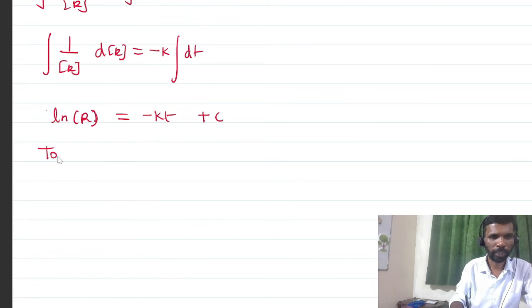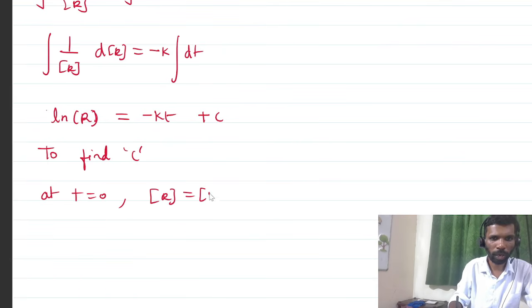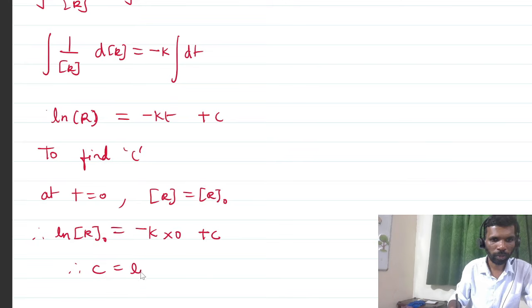So to find C, we'll consider at time t is equal to 0, R will be equal to R0. Therefore, ln of R0, substituting this, will be minus K into 0 plus C. Therefore, C is equal to ln of R0.